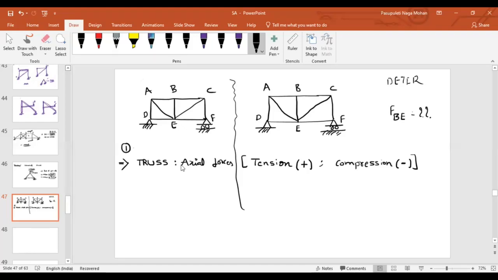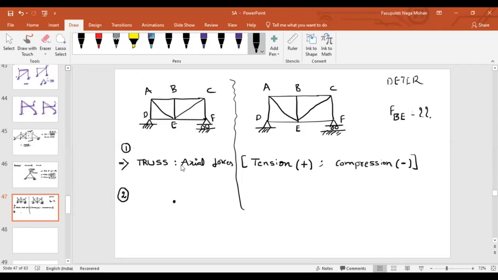And coming to the second thing, how to represent a force in the member. Let us say I want to draw the free body diagram at point B. So let me consider this is my point B. So initially, you have to assume the behavior of the member, whether it is under tension or under compression.